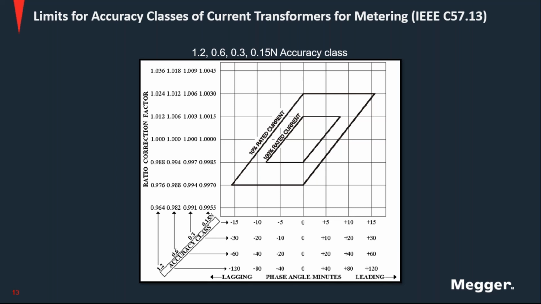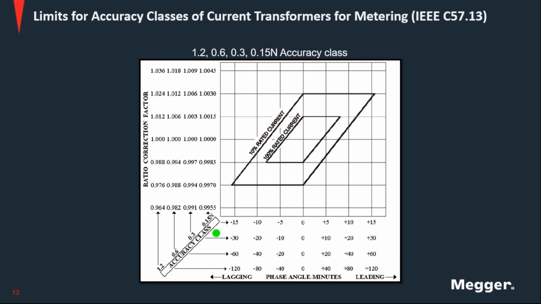So it's not only about getting the ratio, it's about getting the assessment of that ratio in relation to this coordinate plane according to the accuracy class. And in this graph, we can see that it covers the 100% of rated current and 10% of rated current. And it shows or summarizes most of those accuracy classes.